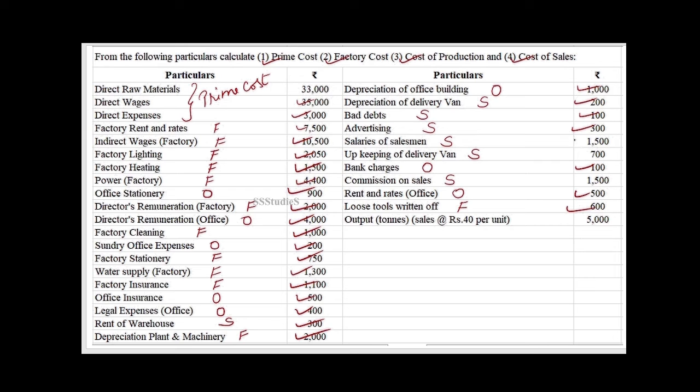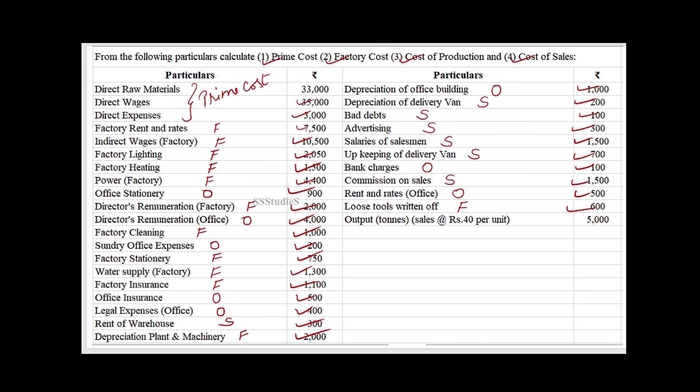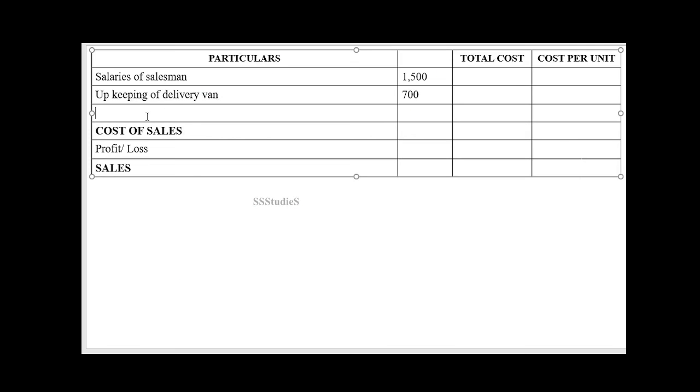Salaries of salesmen 1,500. Upkeeping of delivery van 700. Commission on sales 1,500. We don't have any other selling and distribution overhead. So if we total that, we get 4,600.